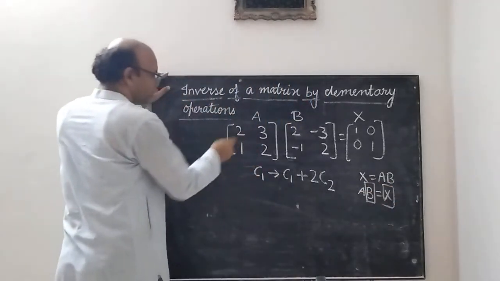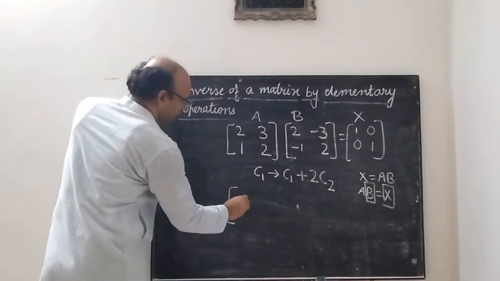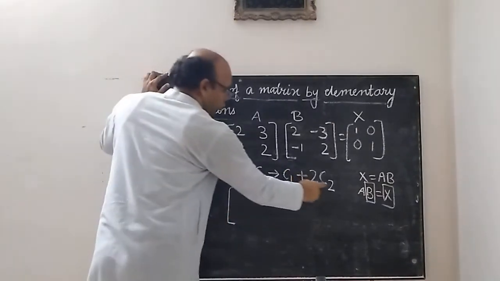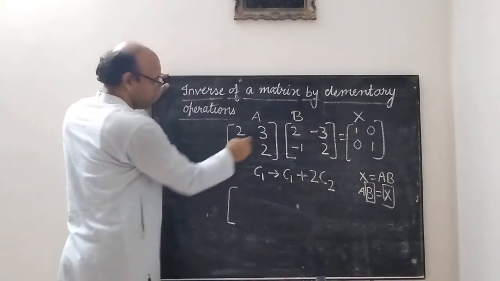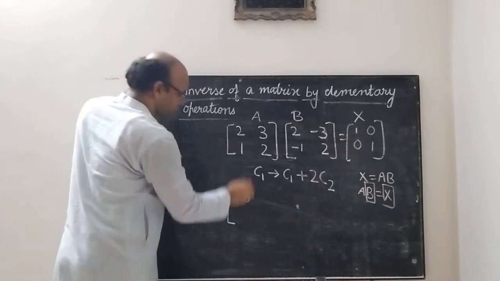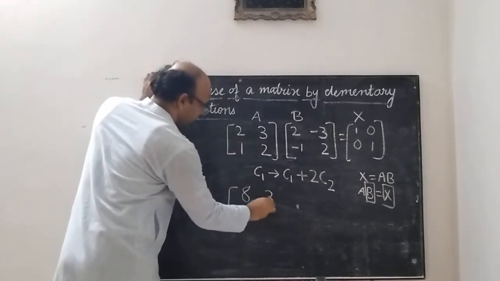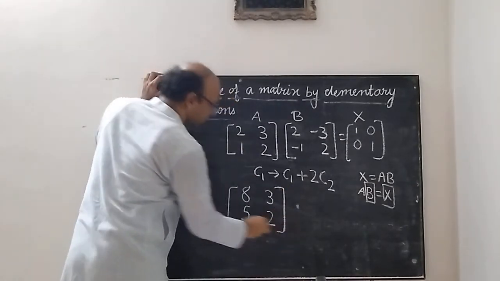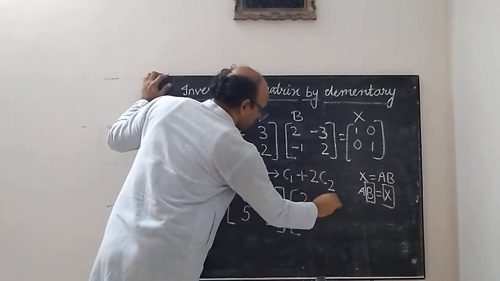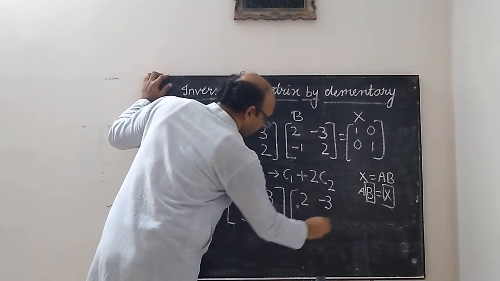So we apply this operation on this one, and the first column is changed, and we are adding twice the elements of the second column. So 4 plus 2 is 6, 6 plus 2 is 8, 4 plus 1 is 5, this is 3, this is 2, 2, minus 3, minus 1, 2.